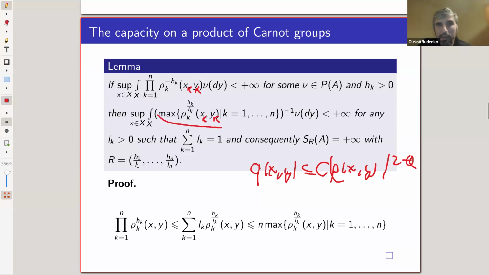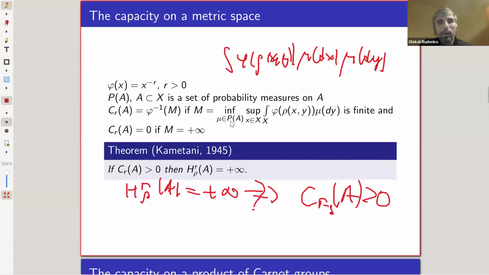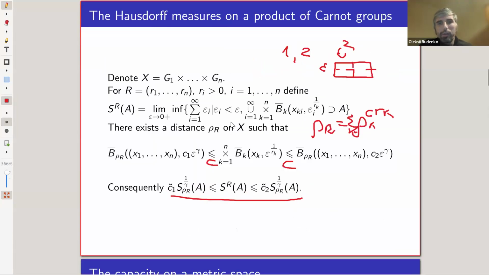So this is actually equivalent to this. It is not normally a distance, but it can be a distance, and it is equivalent to the distance that is here. So in fact, we arrive at this exact situation.